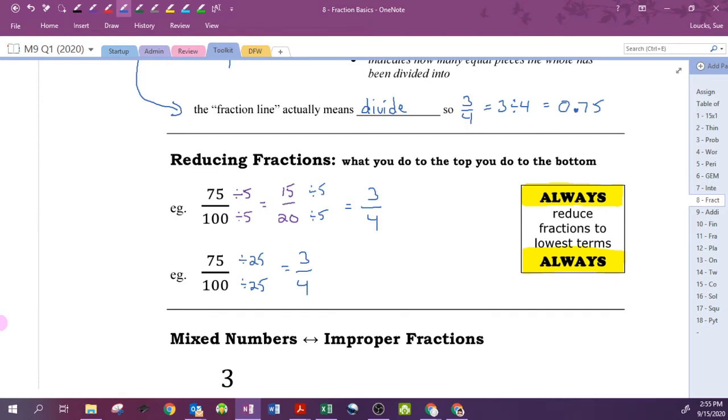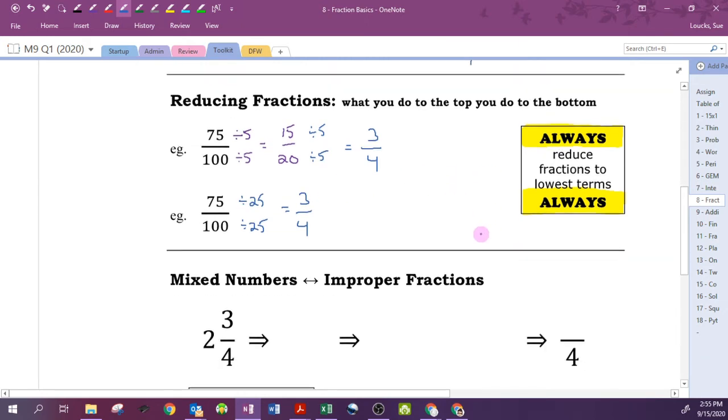Okay, it's whatever you see, and it's fine as long as you keep going. As long as you look at your result and you go, can I reduce that further? So this one, 3 over 4, no. 15 over 20, can I reduce that further? Yeah, I can. So I'm going to divide them both by 5, and I'm going to get 3 over 4. So you're finished when you've gone as far as you can go. Okay?